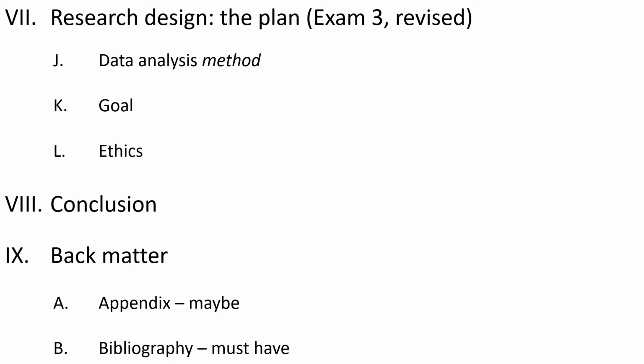And finally, not finally, the goal. What's your goal? What are you trying to explain? Trying to explain racism in traffic stops, or racism in schooling, or why students avoid sociology, or non-traditional students. What are some of the problems non-traditional students have in the sociology major? That was one of the proposals. Great proposal.